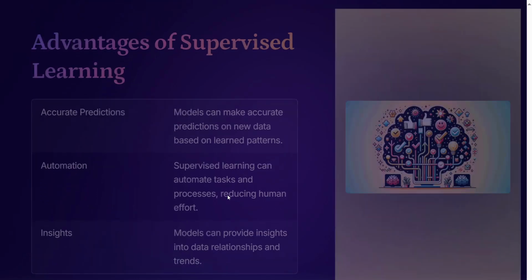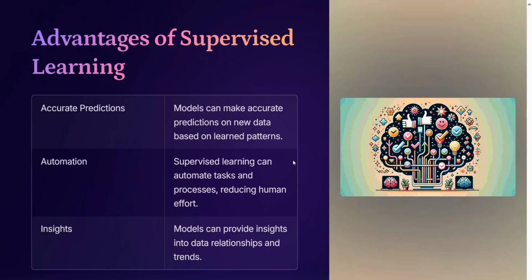Now, let's talk about some advantages of using supervised learning models. First, supervised learning models can make accurate predictions on new data based on learned patterns. For example, once our model is trained to predict house prices, it can accurately estimate the price of a house based on its features on which it was trained.